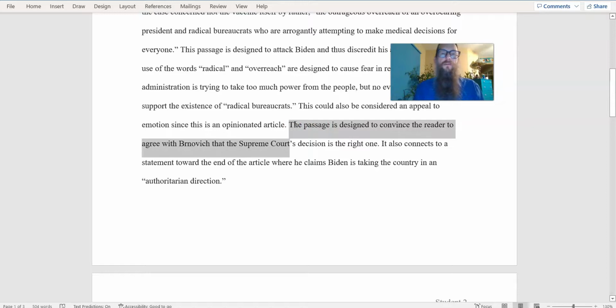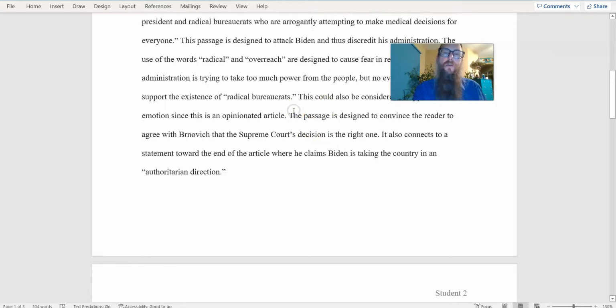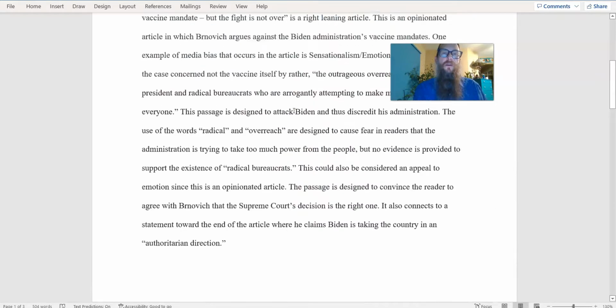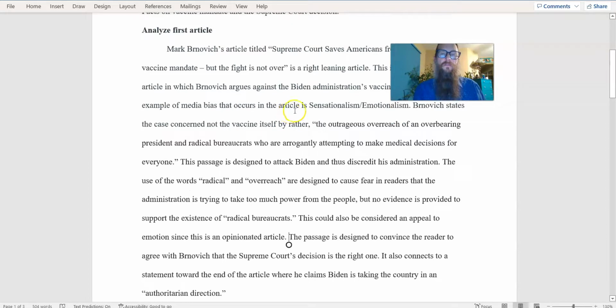I apologize. There was a little bit more to say about what the passage is designed to do that I did not properly copy all the way over, right? But you can see here, and I'll share this, you'll be able to see this in the module materials as well.